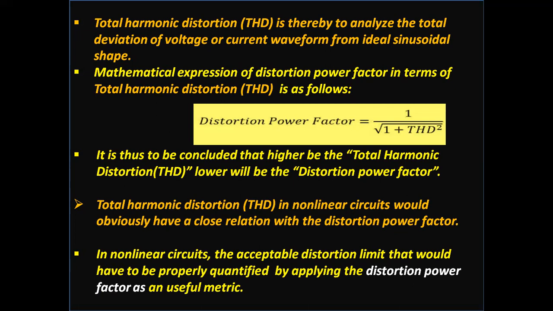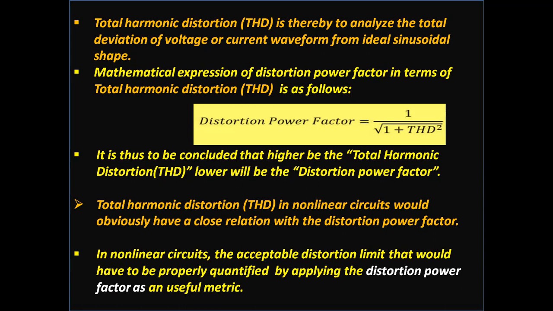Mathematical expression of distortion power factor in terms of total harmonic distortion is as follows. Distortion power factor equals 1 by root over 1 plus THD square. It is thus concluded that the higher the total harmonic distortion, the lower will be the distortion power factor.